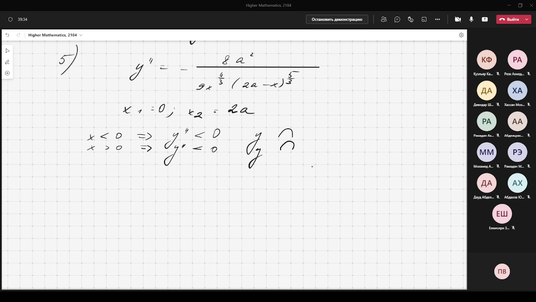Hence, the point with abscissa x equals 0 is not a point of inflection. For x less than 2a, the second derivative is negative and the curve is convex upward. And for x greater than 2a, the second derivative is greater than 0 and the curve is convex down.